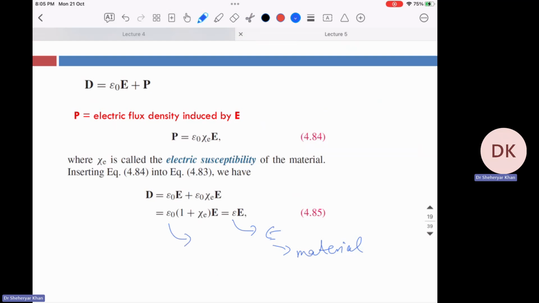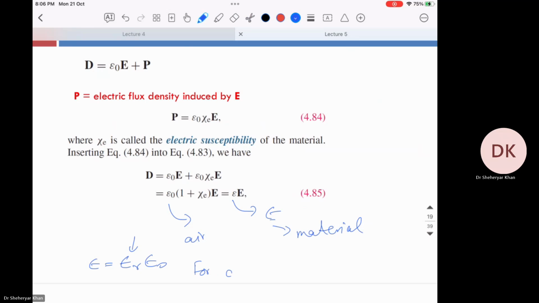This is your epsilon naught when you use air. Now, epsilon is relative, so you have epsilon equal to epsilon naught times epsilon r. For air, we use epsilon r equal to 1. That's standard. So now everything is related with respect to air.